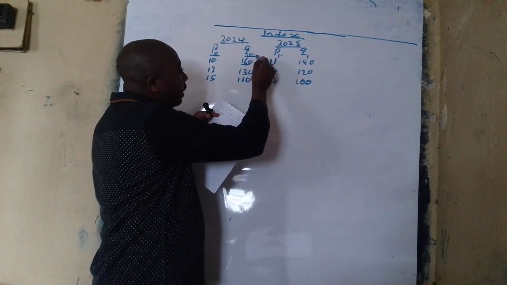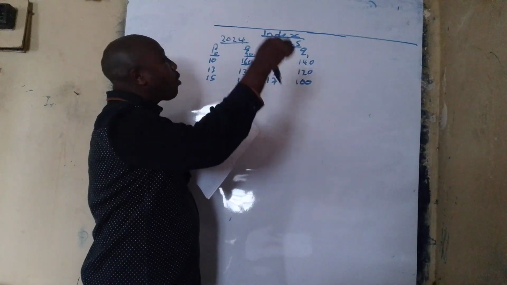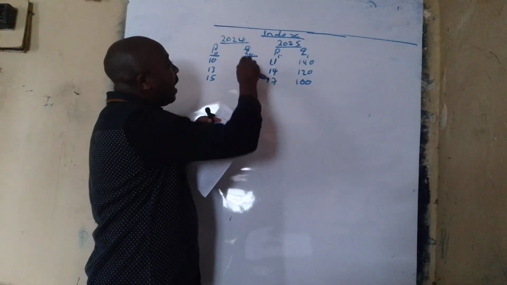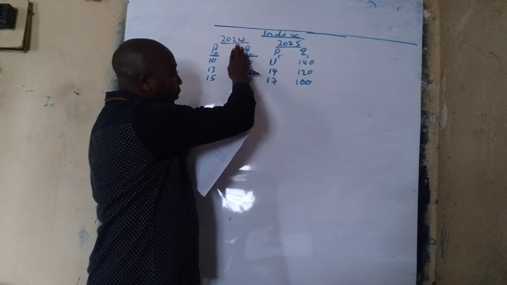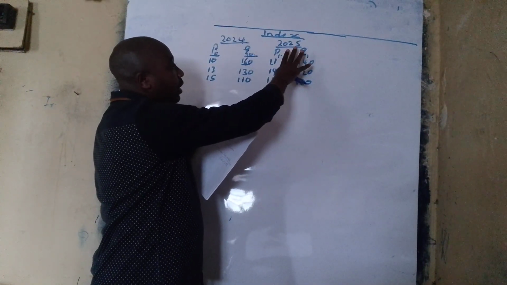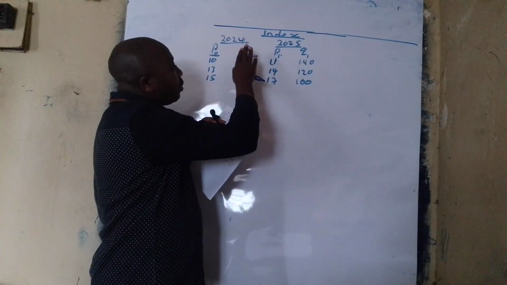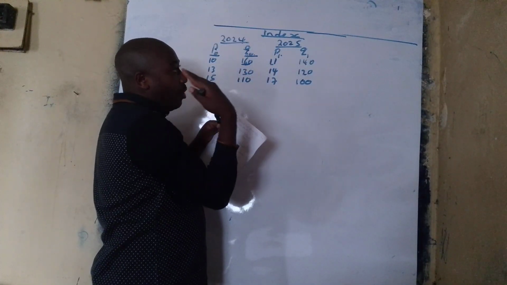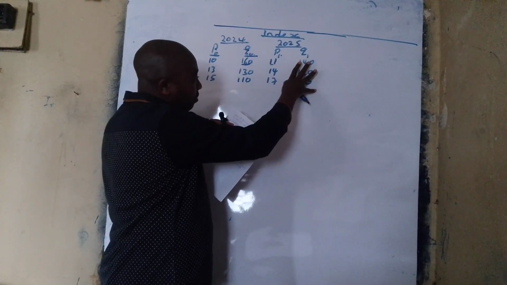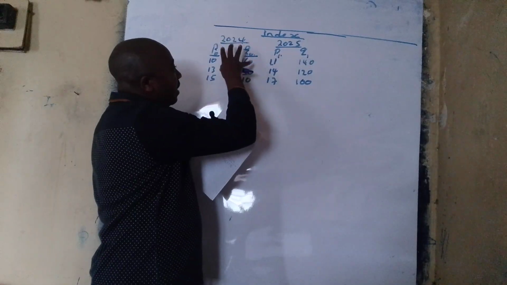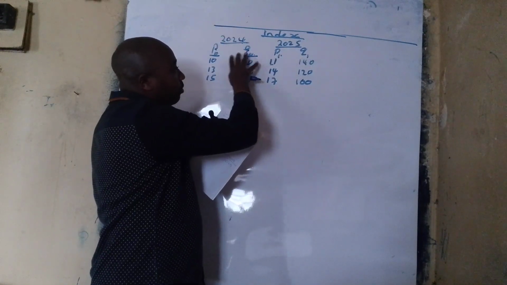Q0 means quantity for the base year or previous year. You can see here I'm having year 2024 and 2025. So 2024 is my previous year if I'm talking about 2025. So my base year is 2024.